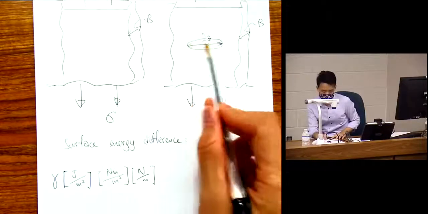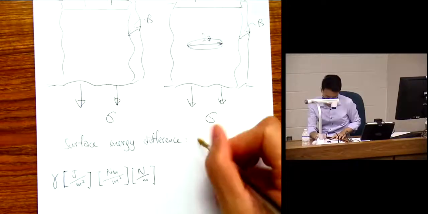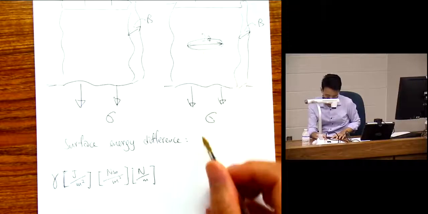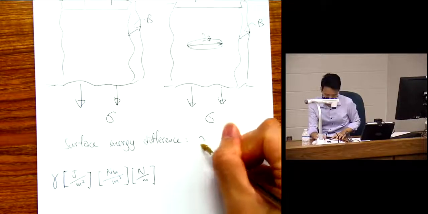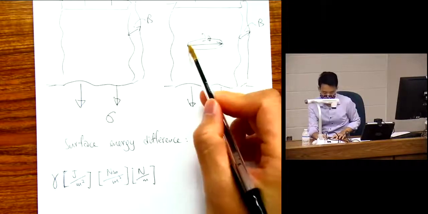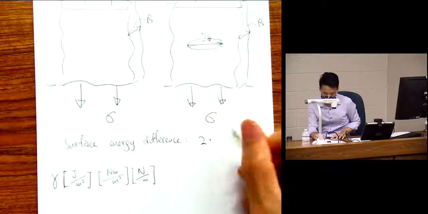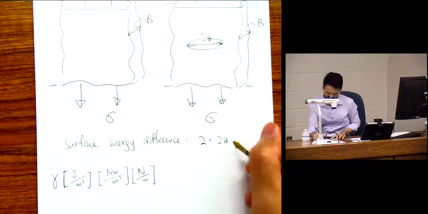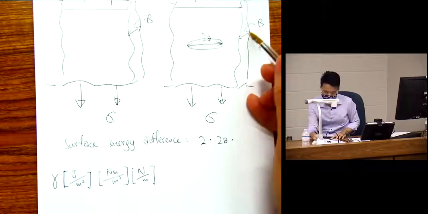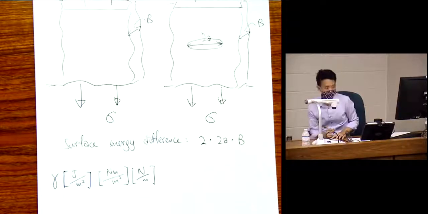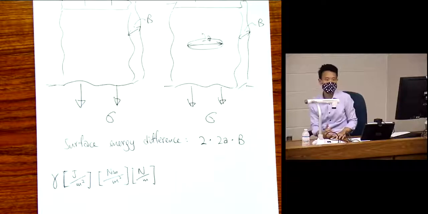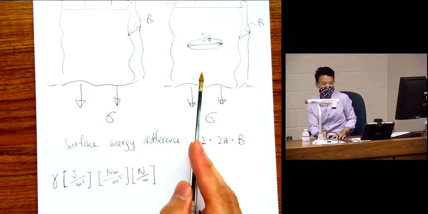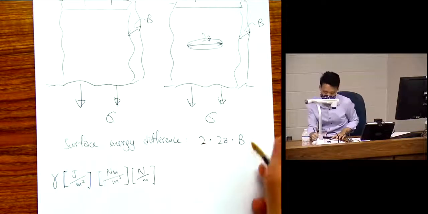Now we have two surfaces, top and bottom. So there's a 2. The surface has a length of 2a, and the surface has a width of b. That's the total surface added in this configuration.